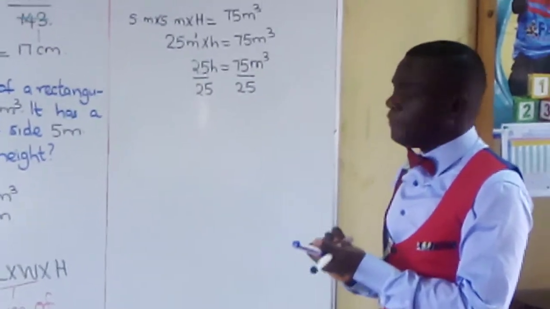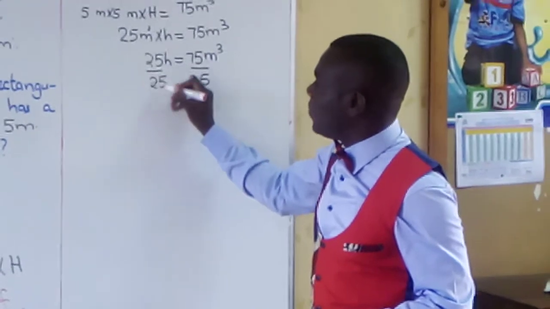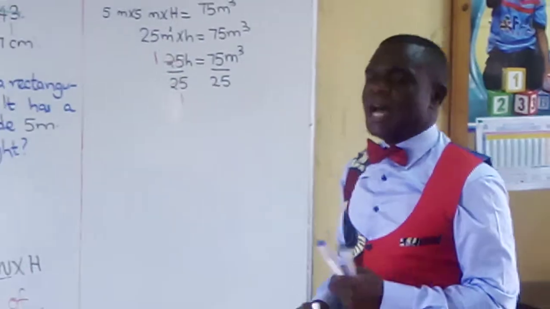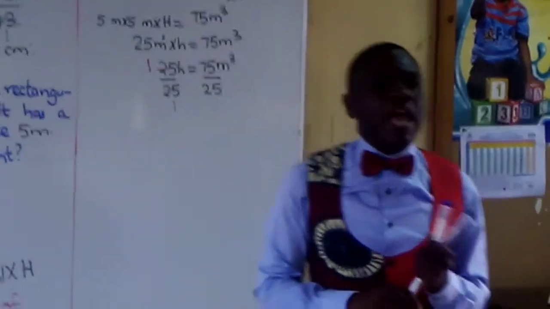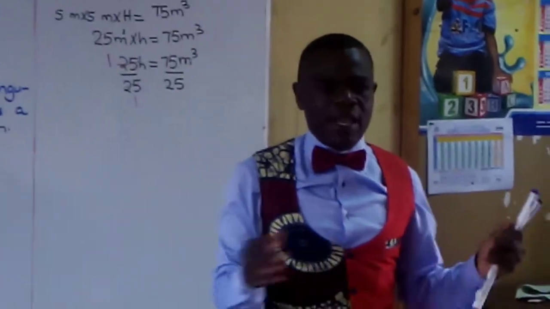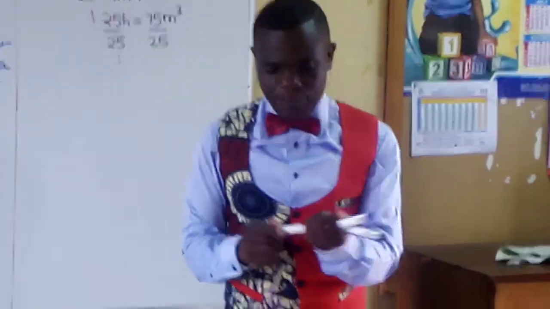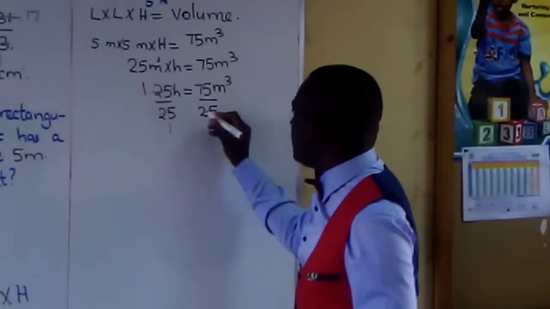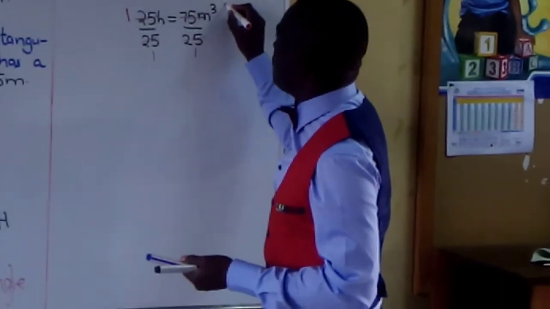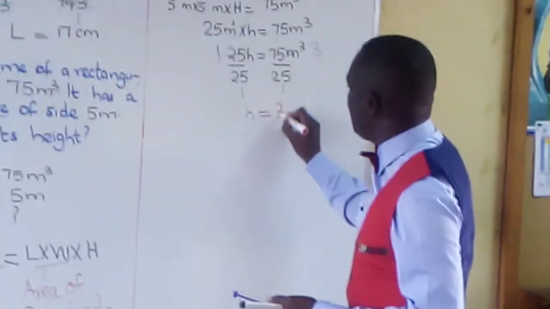What number do we multiply by 25 to get 75? Somebody help me here. Omondi Collins, I'm so glad to see you. Thank you. That is 25 ones and 25 3 times. So height here is equal to 3 meters.